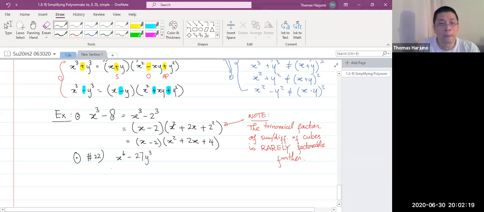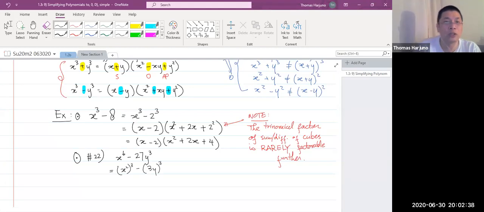Now, I will rewrite this first. I want to see it as a difference of cubes. So this is x squared being cubed minus 3y being cubed. Write it that way first so that you know what is your a, what is your b, right?